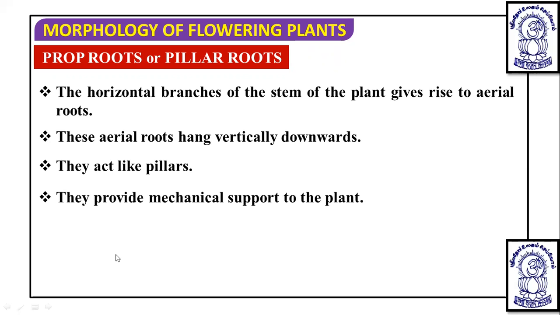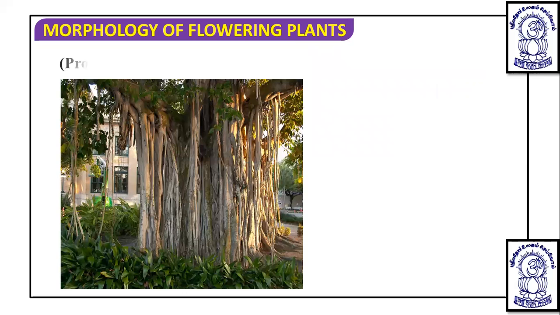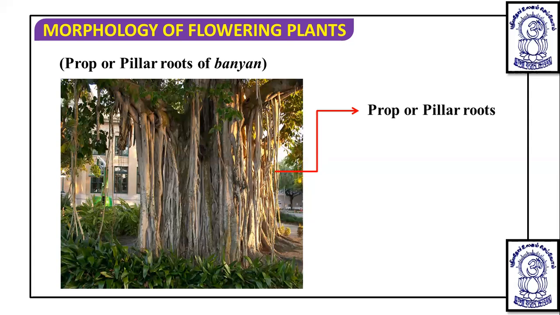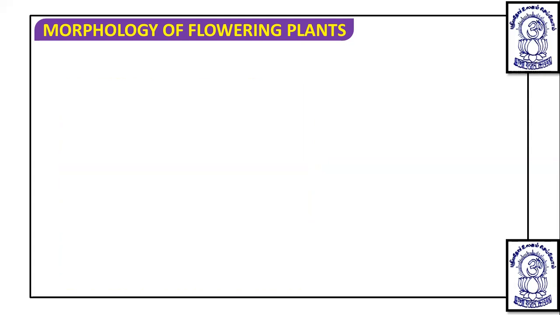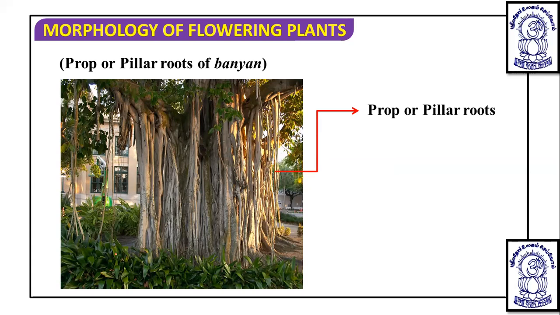Due to this, they provide mechanical support. You can see this is the prop root or pillar root of the banyan tree, and they are growing from the branches. Suppose this is the banyan tree, this is the branch. From the branch another root arises and grows into the soil. This type of root is nothing but a prop root or pillar root.